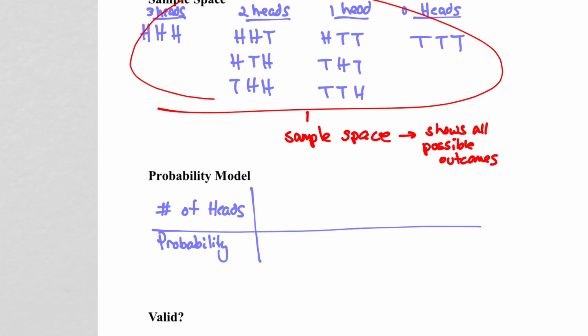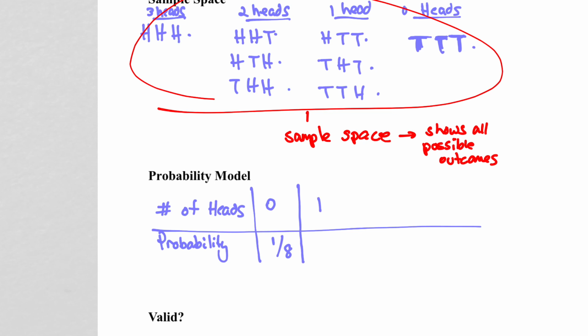We could have 0 heads when we flip a coin 3 times, and that probability is 1 of the outcomes has no heads. That's tails, tails, tails, right up here, out of 1, 2, 3, 4, 5, 6, 7, 8 possibilities. So our probability is 1 out of 8 that we would get no heads.